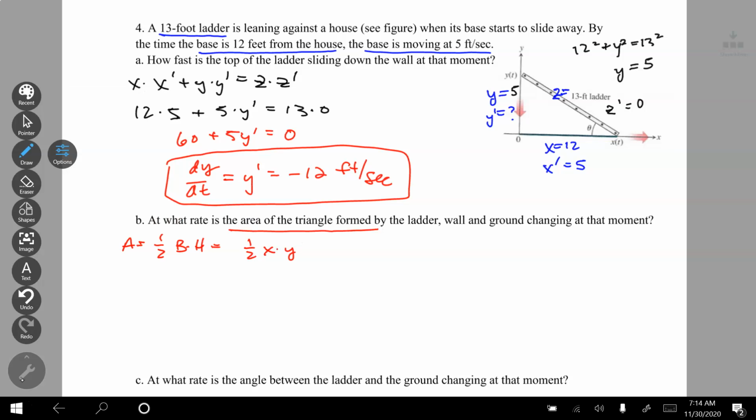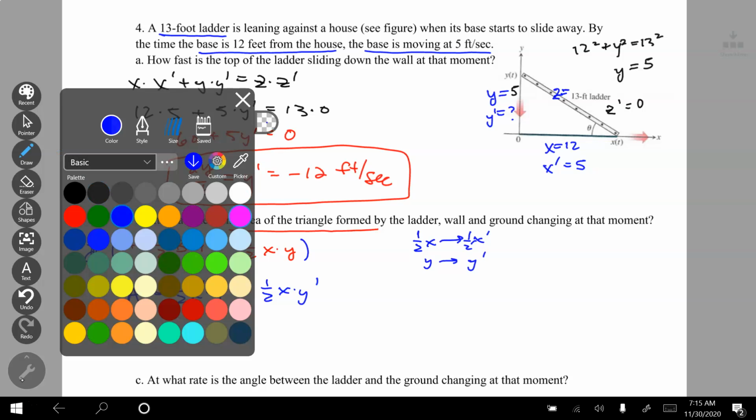Because I have a product rule, I'm going to take the derivative of all this. A prime is equal to 1/2 x prime times y plus 1/2 x times y prime.